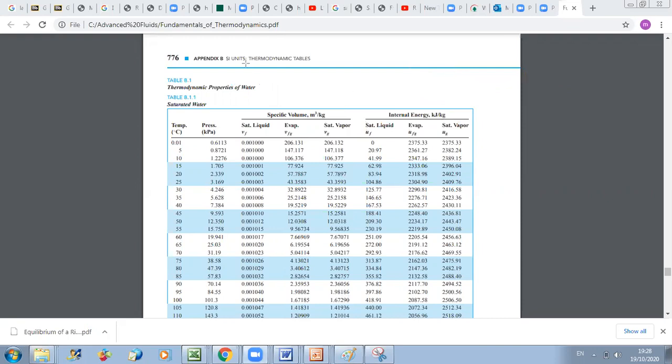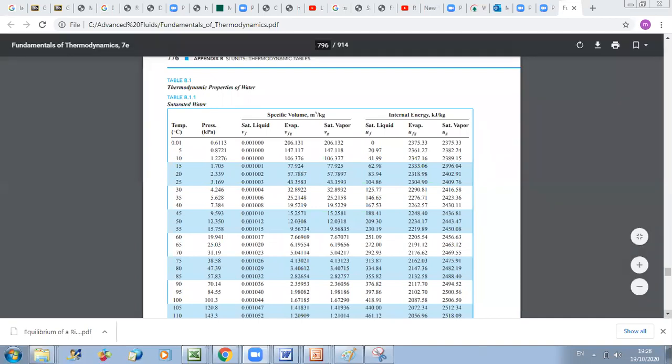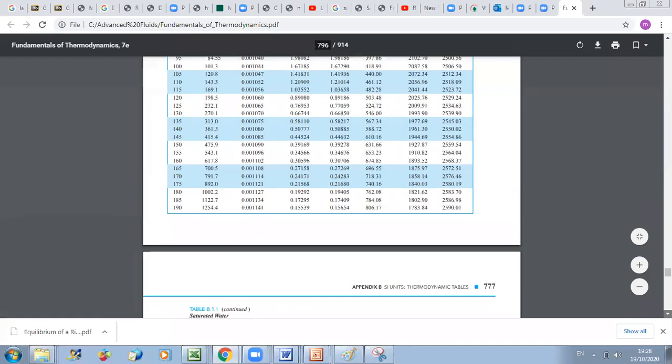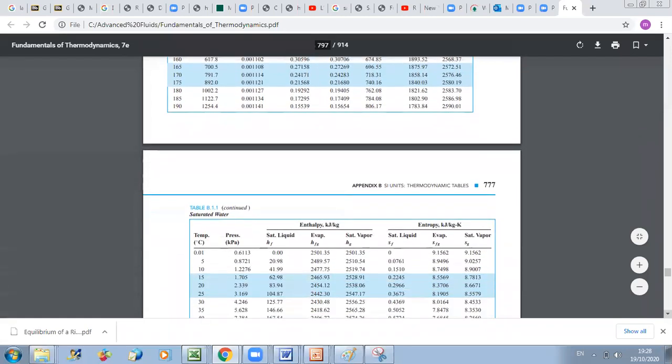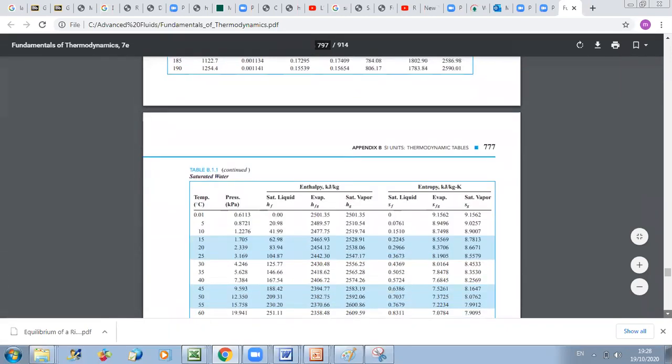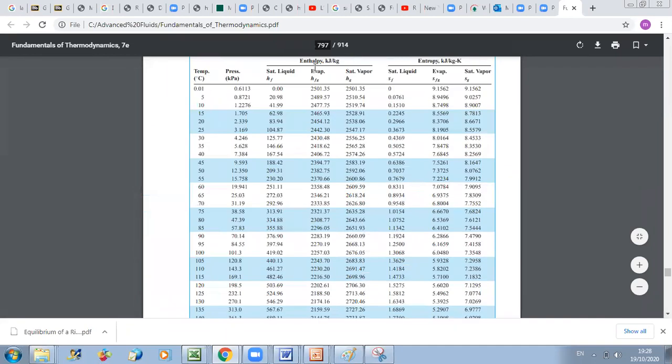So here, for example, if we continue to scroll down in these tables, you will see that for saturated water, they will also give you another table for the enthalpy and for the entropy. So it's the same values concerning F, saturated liquid, G, saturated vapor, and FG. So HFG is the difference between HG and HF.